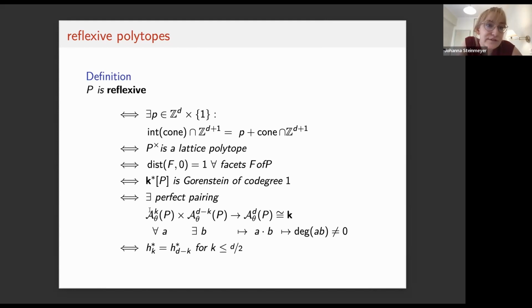So you get it for the spheres, and you get the same here if you don't just consider lattice polytopes, but you glue lattice polytopes together to form a larger complex, where I don't care where they're embedded. I just care that on the boundaries, the lattice structures agree. Then you get the pairing for those larger objects as well. And so in that generality, you get the palindrome, yes.